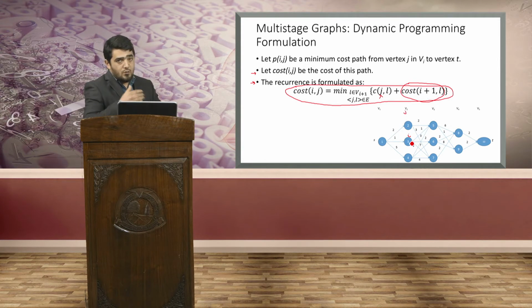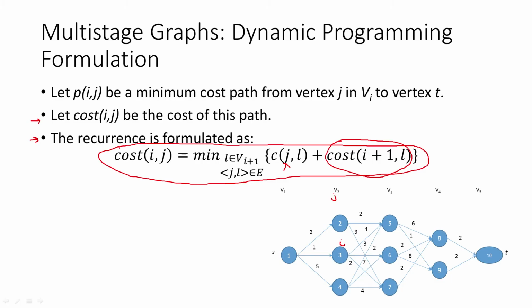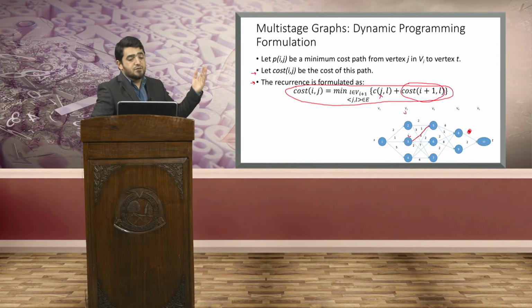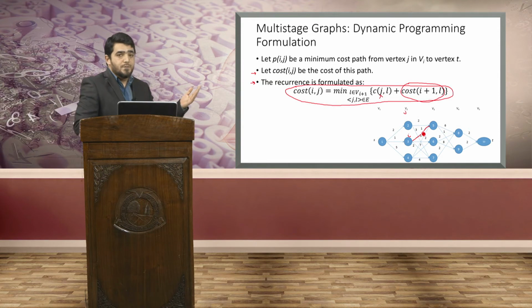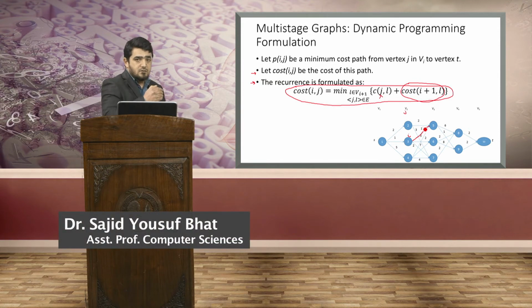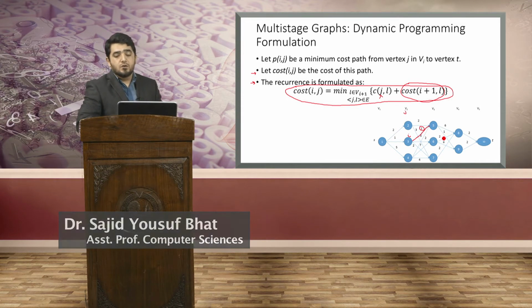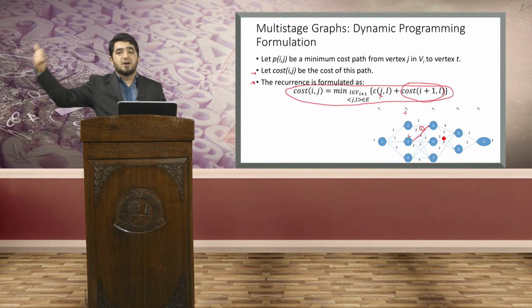So how do we compute that cost? If we select node number 5 in the next stage from node number 3 in the previous stage, the cost of the edge here is, let's suppose, 1. Similarly, the cost of the edge from 3 to 6 is 2. Similarly, the cost of the edge from 3 to 7 is 2. So we add the cost for going from 5 to the final stage.